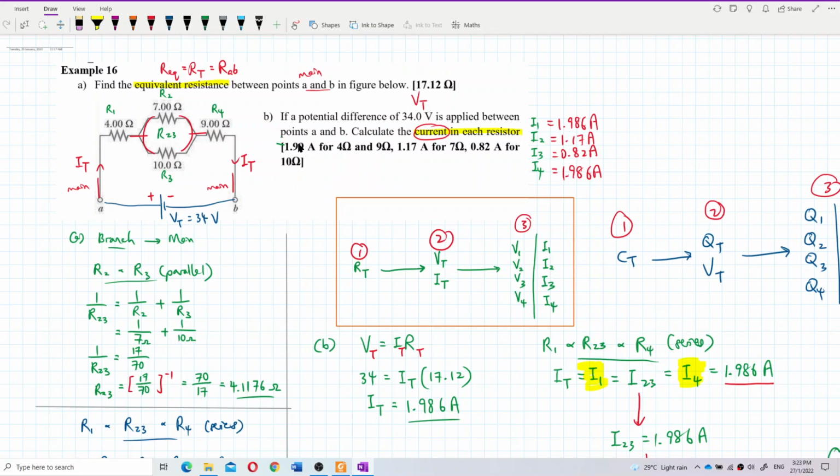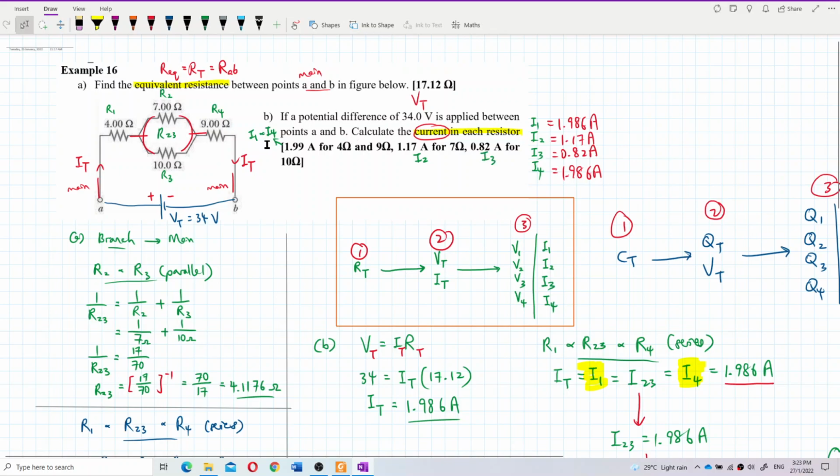Let me write. This one is I1 and I4. And then 7 ohm, this one is for I2. And then this 10 ohm is I3.